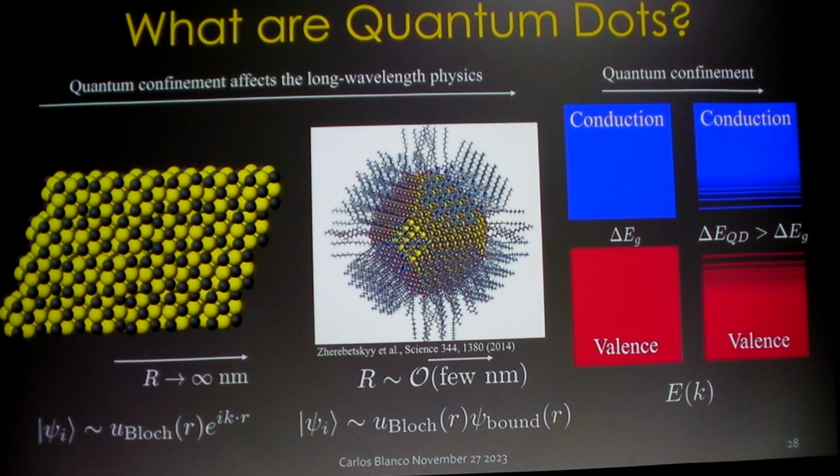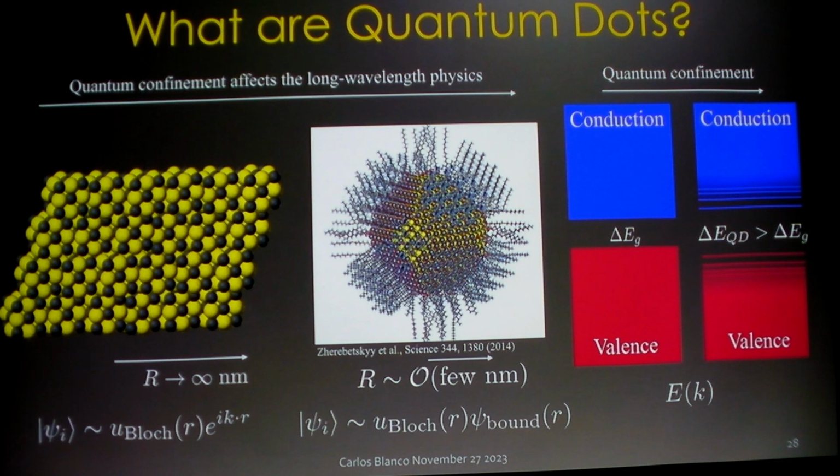And energetically, what is happening can be understood by first considering an infinite crystal. The electrons here live in Bloch states, which are a Bloch piece that tells you about the microphysics and the symmetries in the lattice, times a free plane wave, right? The solutions of the Schrödinger equation in free space.